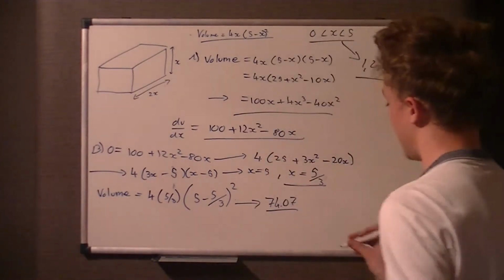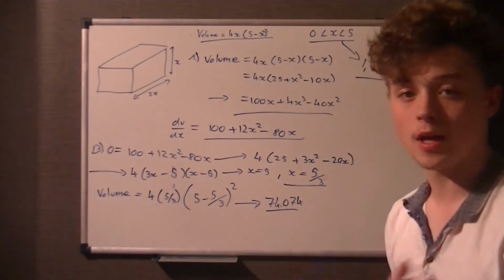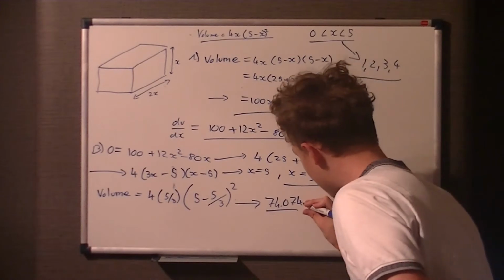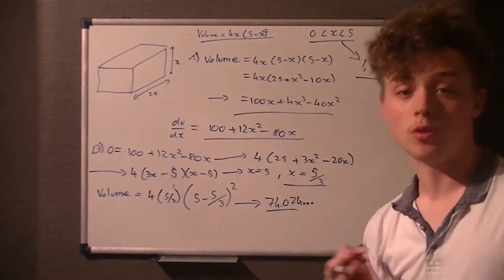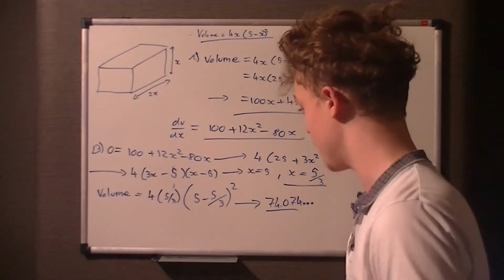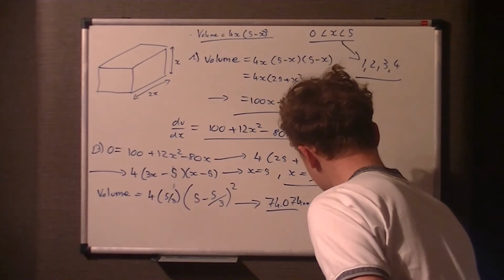And obviously you could round that up to 74.1. But for accuracy, at this moment in time, I'm not going to round it up. And also, if you're a physicist, you don't round it up. So that's B done, and you need to put centimetre cubed on the end of that.